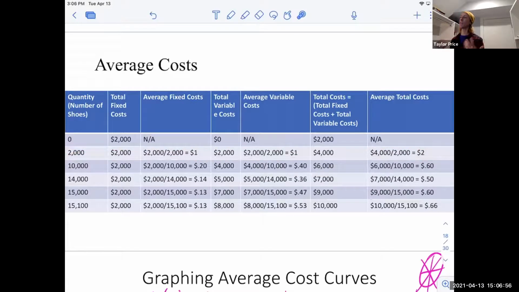Let's say we want to find the average fixed cost. All you're going to do is take total fixed costs and divide it by the quantity. And that'll give you average fixed costs. And you can do that for variable costs and total costs. So not particularly complicated, but good to remember how to calculate the average.